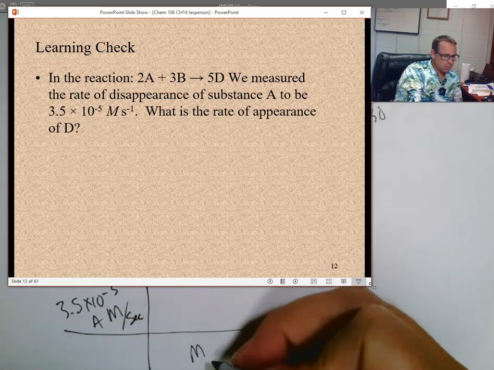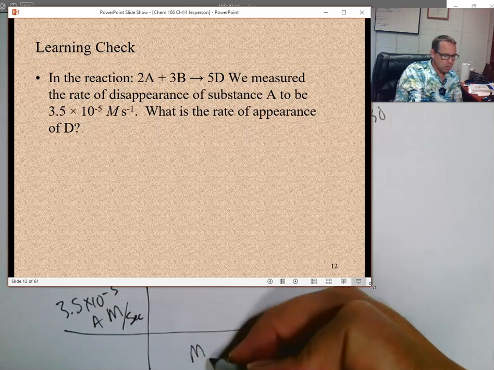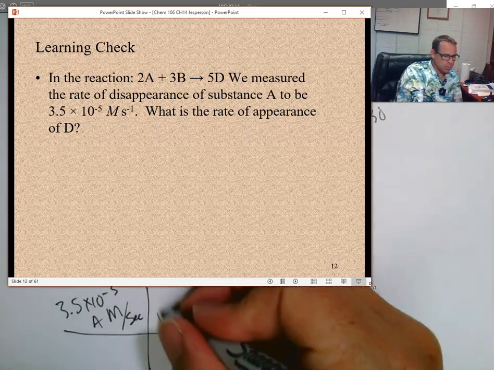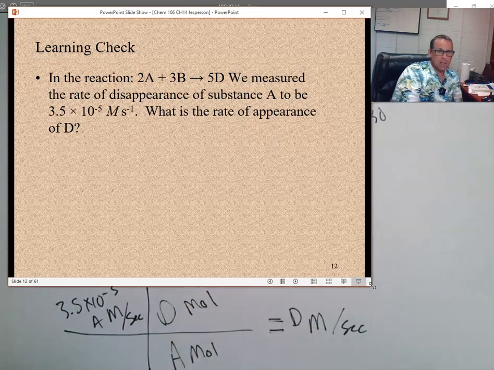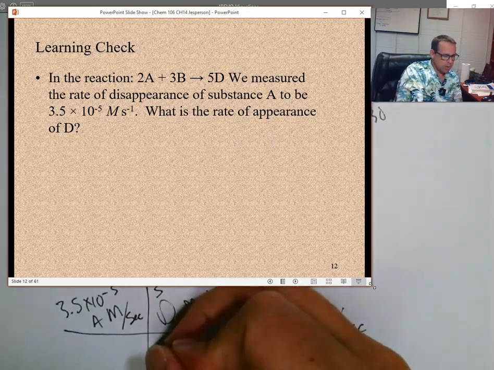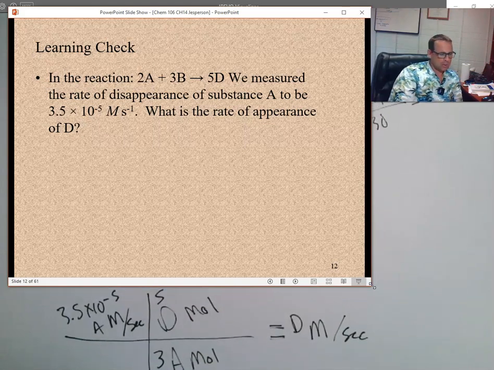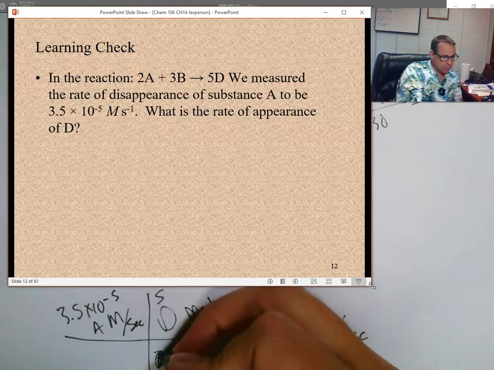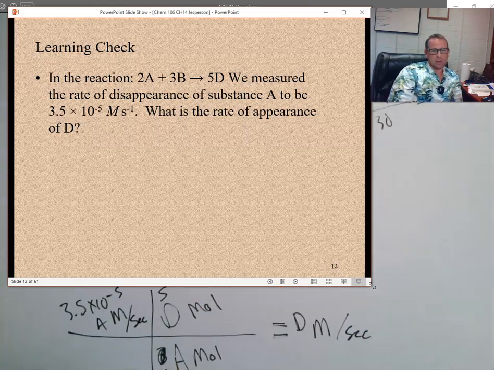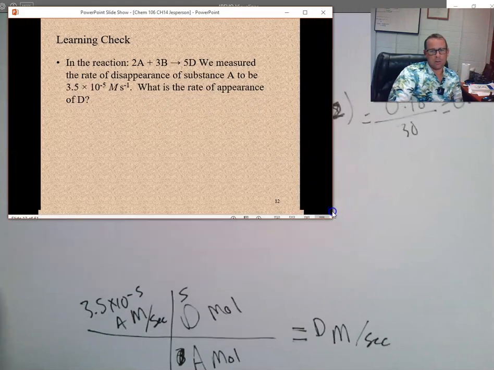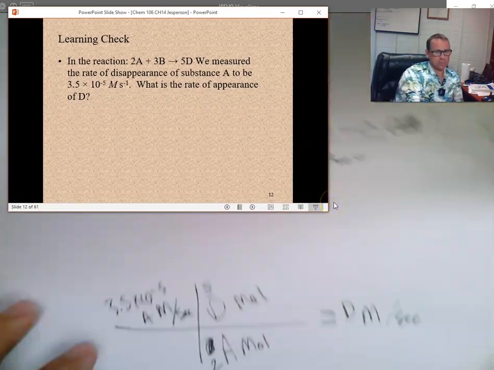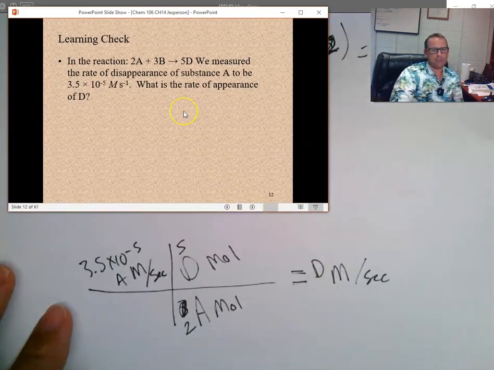And then we just want to relate the moles of A to moles of D. And that is, like Jay said, 5 over 3 there. Oh, 5 over 2, right? Sorry. A, yeah, 5 over 2. When I multiplied that out, I got 8.75 times 10 to the negative. Okay, very good.